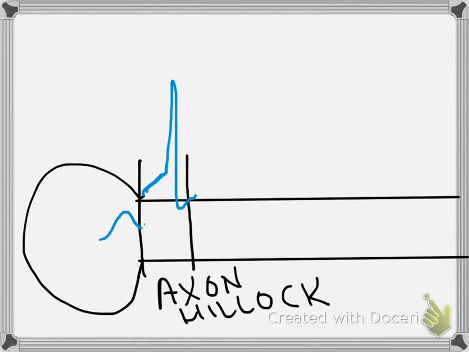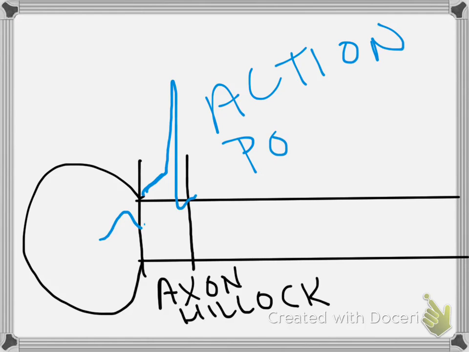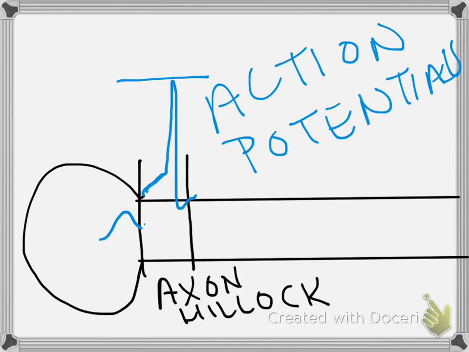So the difference between action potentials and graded responses is that the action potential is all or none. It's either going to get a full amplitude action potential or you will get nothing. So in the case that this response was a sub-threshold stimulus, you would still have got the depolarization, but you would not have got the action potential. So all or none.